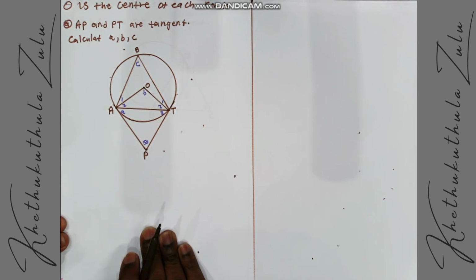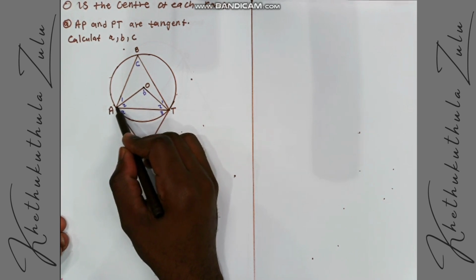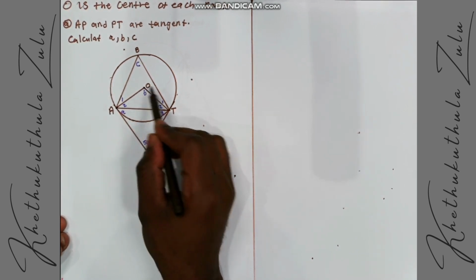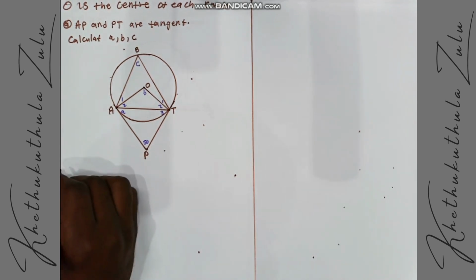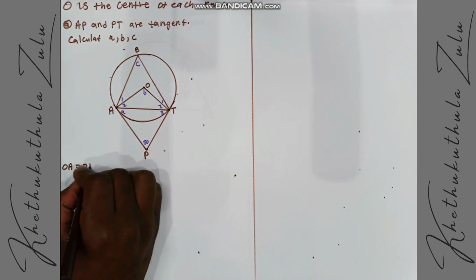If O is a center, we must have radii. OA is a radius. OT is a radius. Something very important that you need to write down: OA is equal to OT.